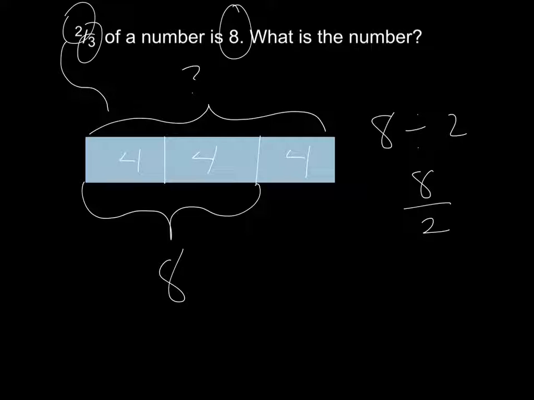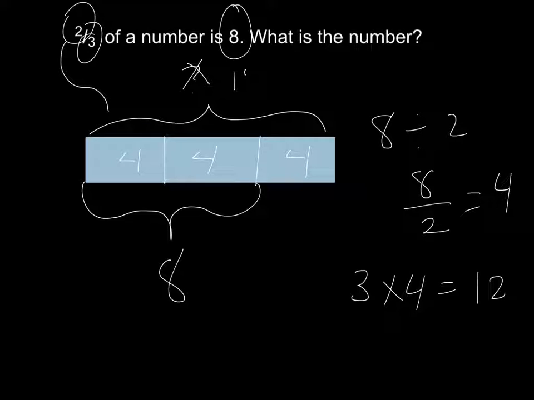And once I know that, I should write that down here, 8/2 equals 4. Since I know that, the last part of solving this is looking at 1, 2, 3, times 4. And what does that equal? That equals 12. So I can cross out that question mark, and I know that 12 is my answer.